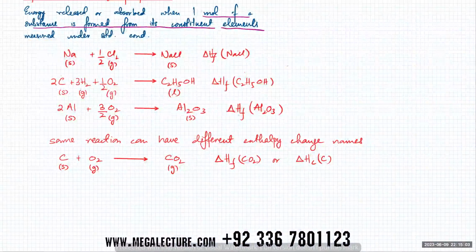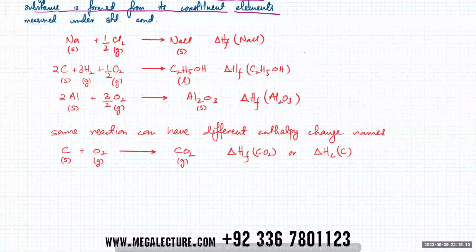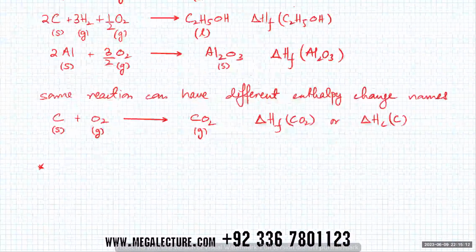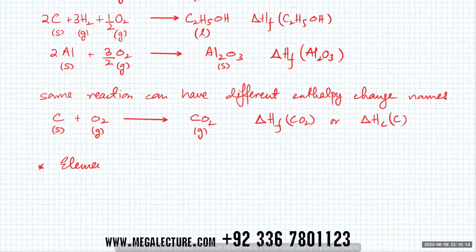So the next thing is that when it comes to enthalpy change of formation, always remember that elements in their standard state will have an enthalpy of formation of 0, because you don't need to actually make them.